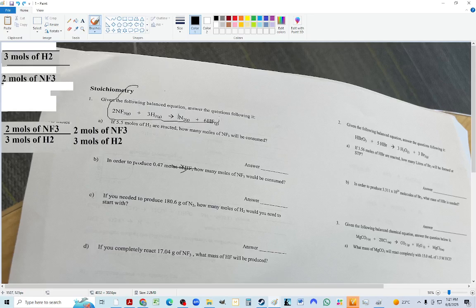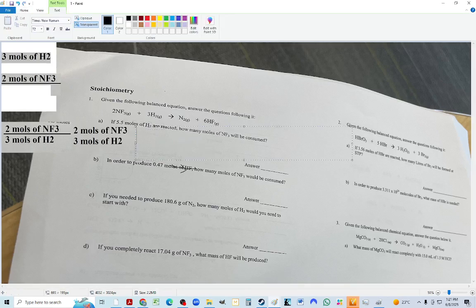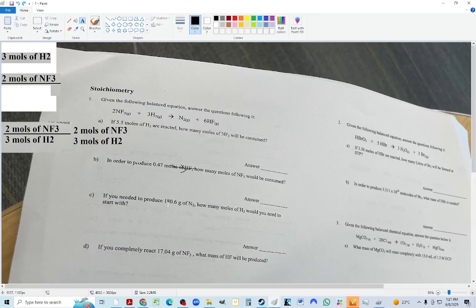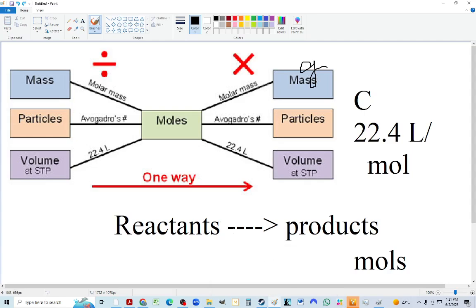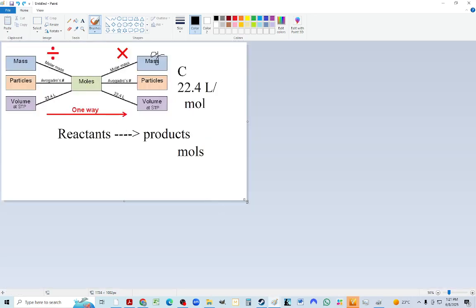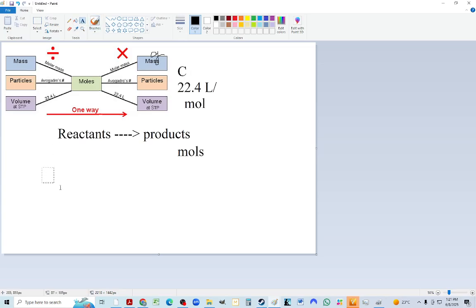So you're always going to be figuring out how many moles of this substance per whatever moles they're asking about. In this first question, you need to figure out how many moles of NF3 will be produced, or is needed, rather: 2 moles of NF3 for every how many moles of H2? 3 moles of H2. And that's described in this reaction. But then notice that they ask you an unusual question. They're asking not for grams or anything.